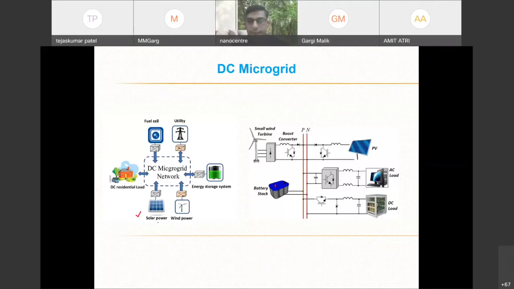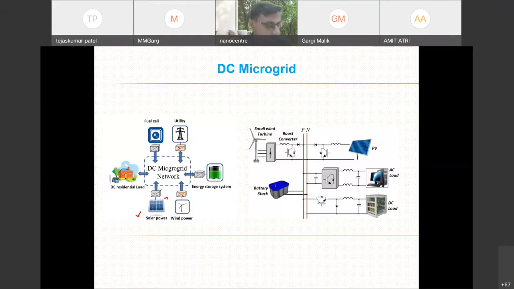If we go for another example like a DC microgrid, microgrid means a local kind of thing, right? We have different local resources, local loads, and local storage. These resources which are available to us may be of different nature.